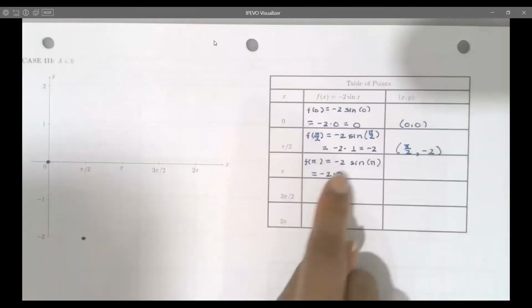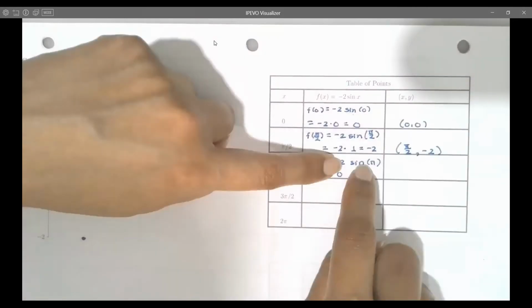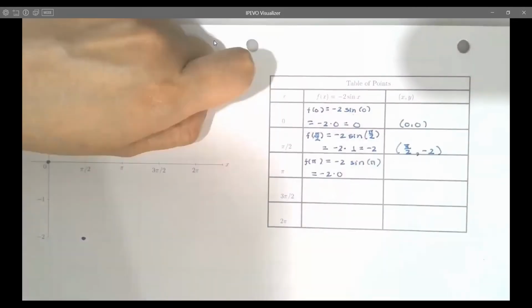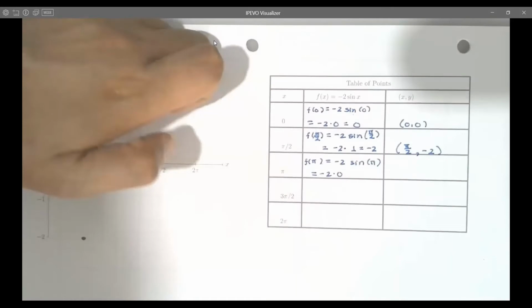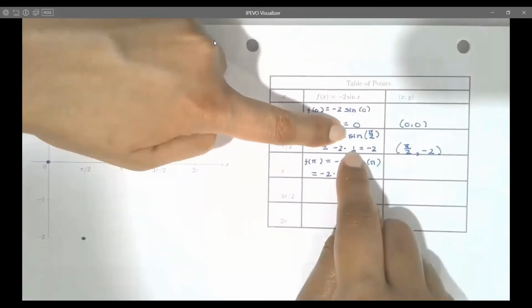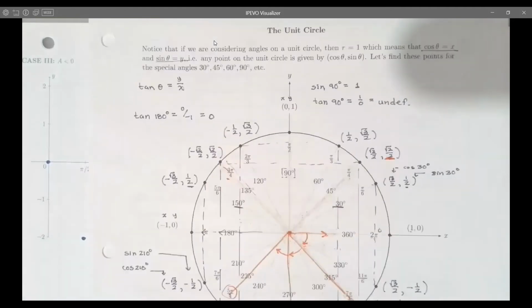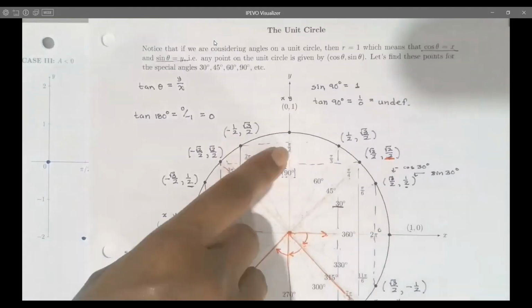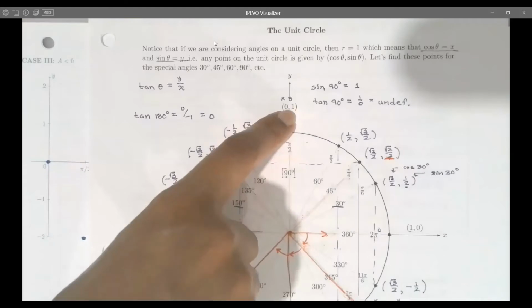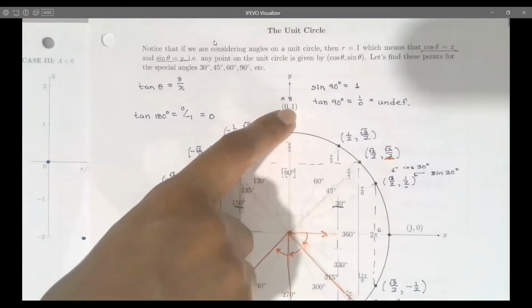Sine of pi over 2 is 1. The second way is to go to the unit circle: here's pi over 2, and I know that the y coordinate represents sine, so sine of pi over 2 is 1.